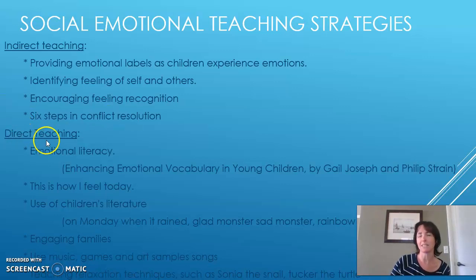Then there is direct teaching. These are the ones that you're going to pre-plan in your curriculum. So adding some books that talk about emotional literacy, really looking for books that are rich in this arena, like "This Is How I Feel Today." Have a chart in the classroom to talk about feelings. Look at yourself. How do you think you're feeling?